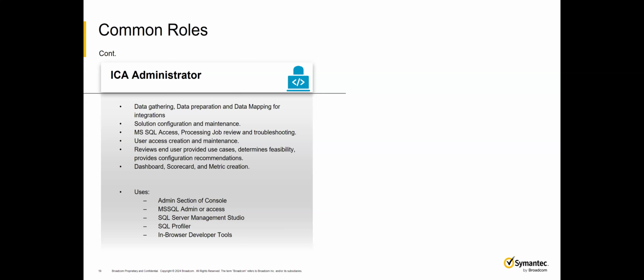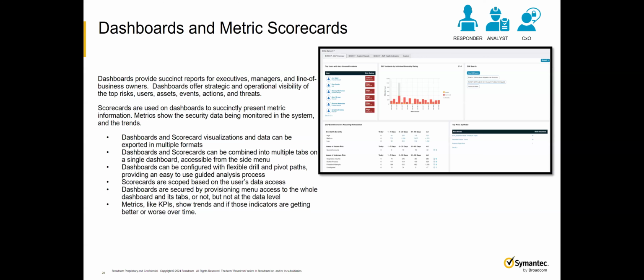Okay, so onto these key components and a little bit more information about each of these key components. So we'll start with dashboards and metrics. So really, dashboards are the way to present data to users in a consumable and familiar format, and that's to all levels.